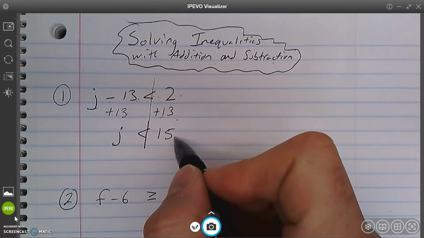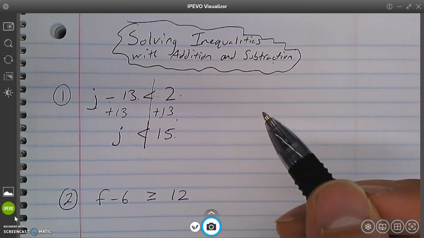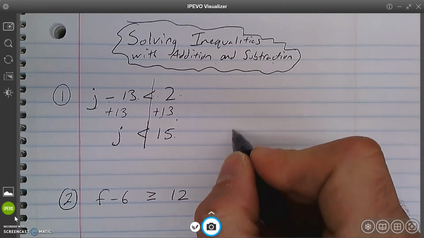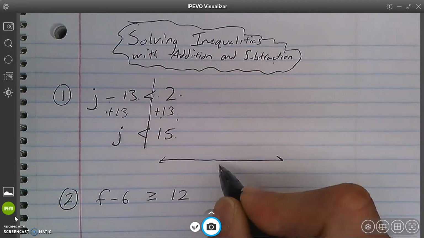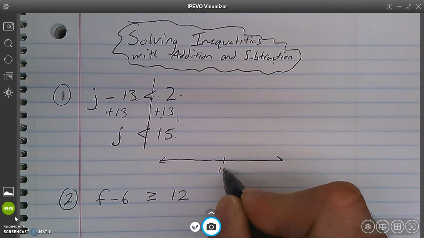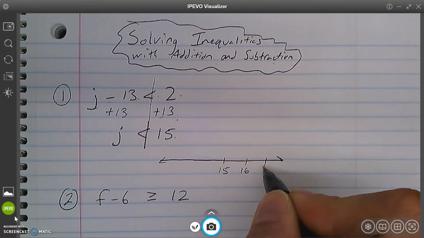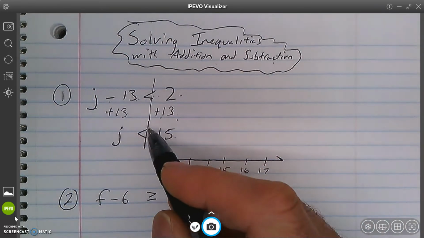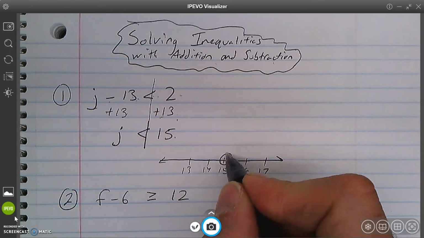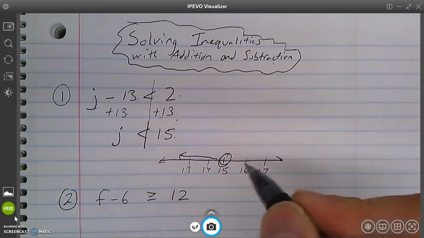So anything less than 15 is going to get me the answer. Let's graph that on the number line. Put 15 in the middle, then some numbers to the right and some to the left. And it's less than, so it's not equal to 15, it's less than 15.